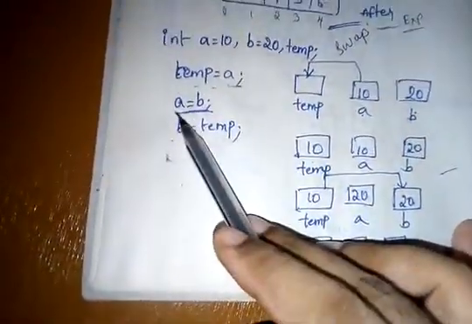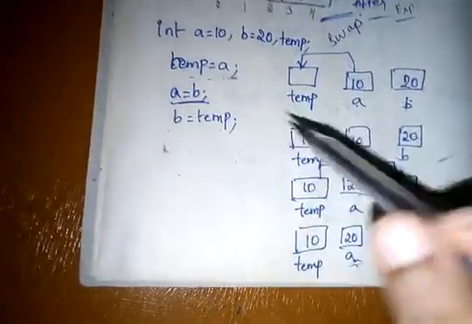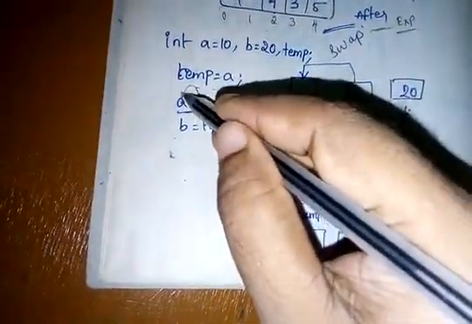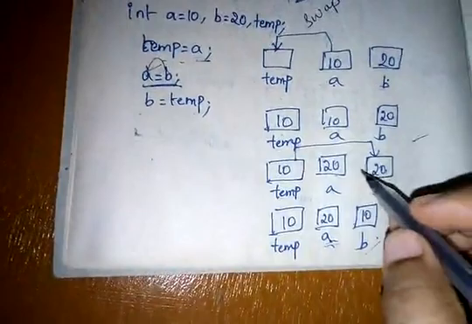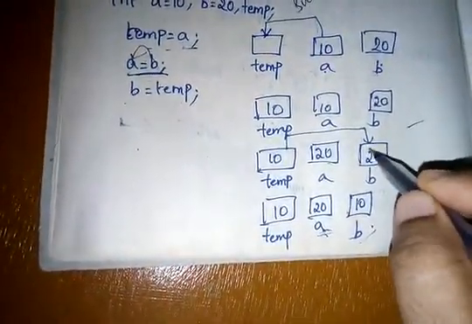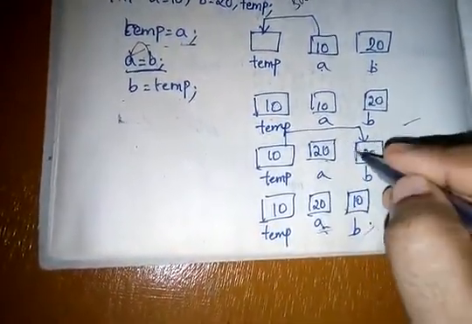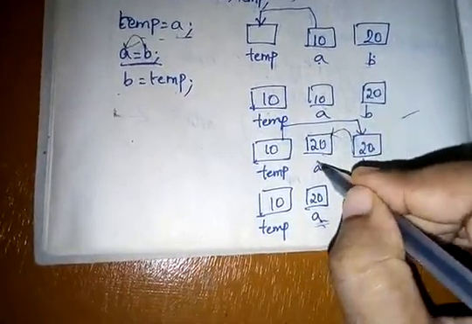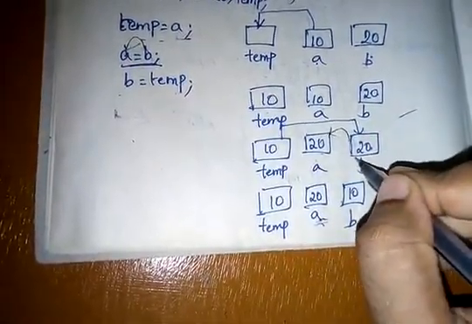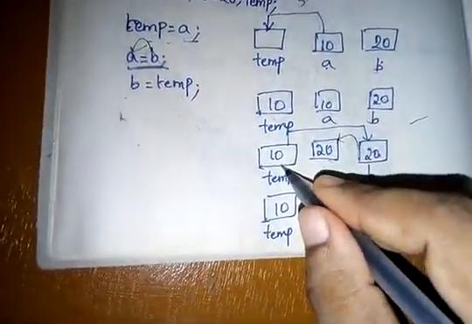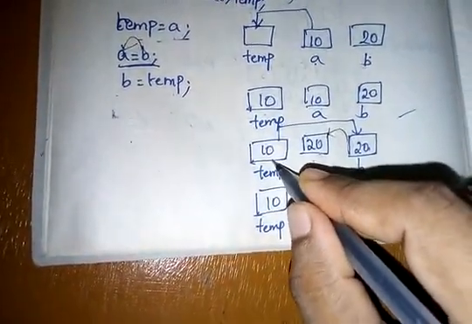Then I said a is equal to b, so the value at b, which is 20, will be copied to a. So a is 20, b is 20 and the value at temp, that is 10, will remain the same.